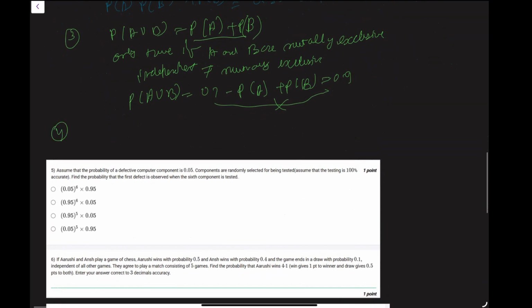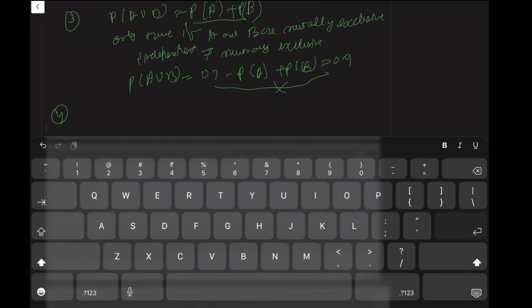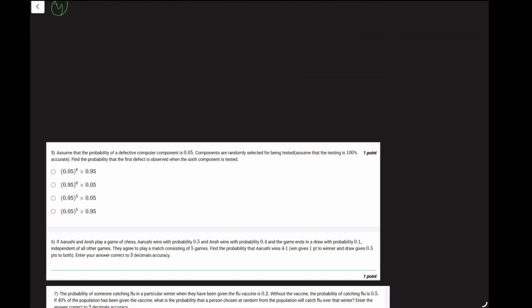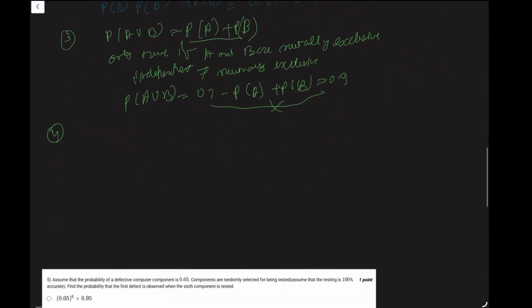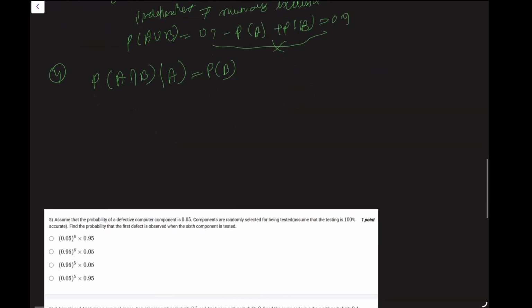Now let's check the last option that we have. Our last option is the probability of A intersection B given A already happened, that is probability of B. So this is a conditional probability of both A and B happening, given that A has already happened.